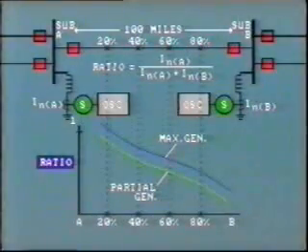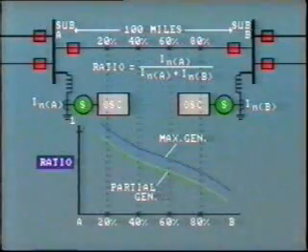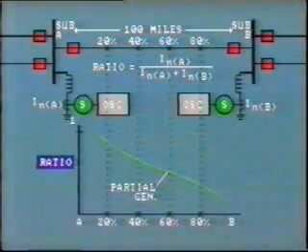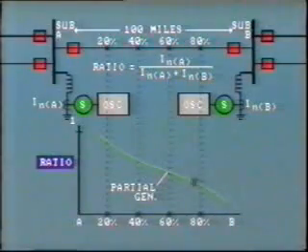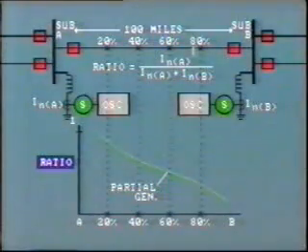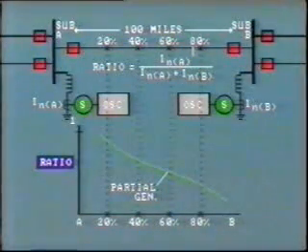Now, going back to our computer simulations, we can select the curve that most closely matches system conditions at the time of the fault. The ratio of 0.27 corresponds to a line length of about 75 miles.